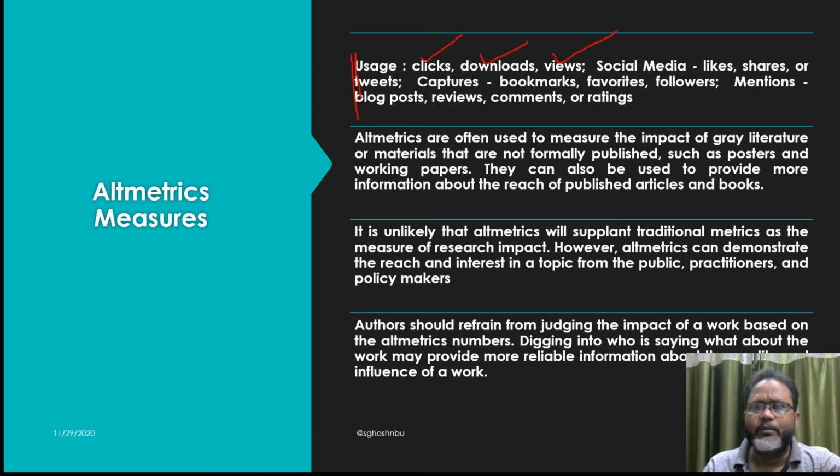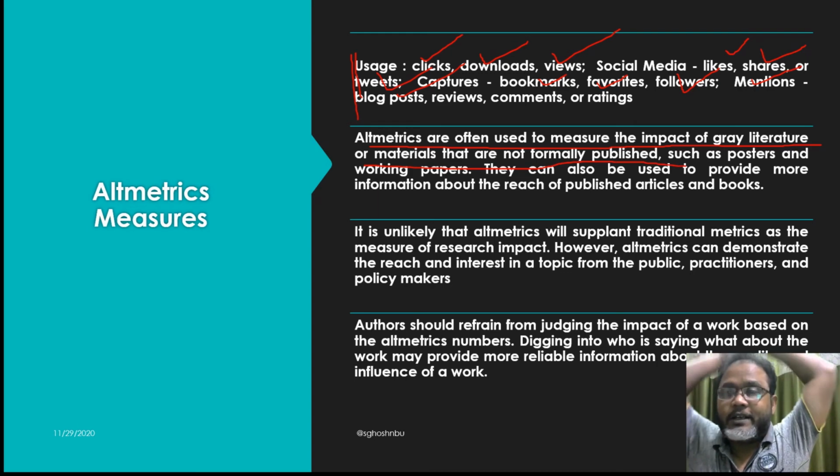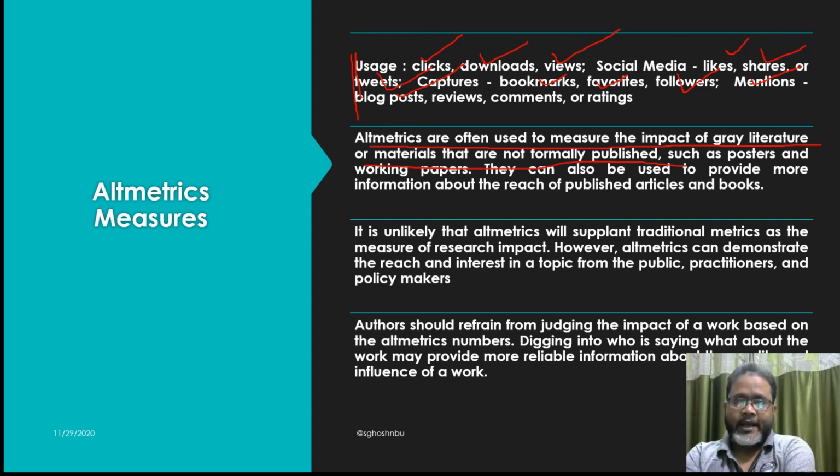For social media, how many likes, shares, tweets, captures, bookmarks, favorites, followers, mentions, blog posts, reviews, like that. Altmetrics are often used to measure the impact of grey literature, or material that is not formally published, such as posters and working papers.